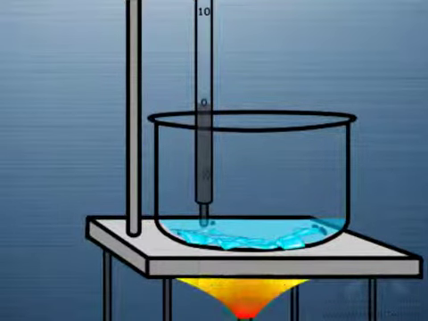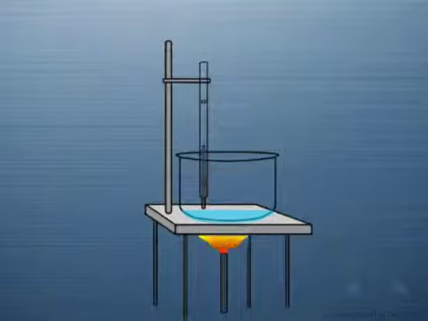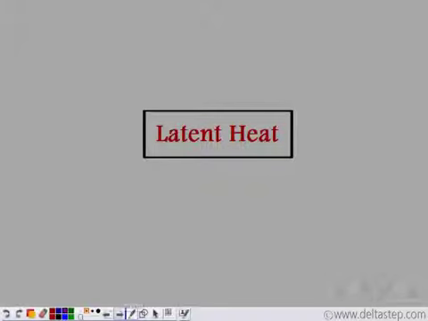When the entire amount of ice present in the beaker changes into water, the temperature again gradually increases from 0 degrees Celsius. The temperature remained at 0 degrees Celsius till the entire ice changed into water, and then the temperature started to rise again. This heat, latent means hidden.